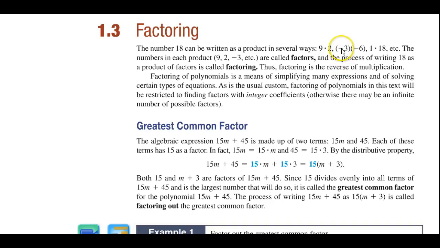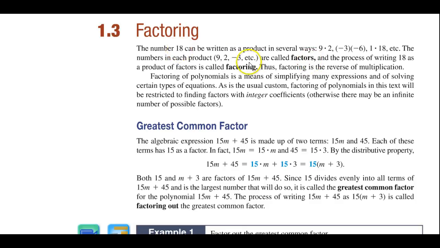We could have multiplied a -3 times a -6, or 1 times 18 to get the product 18. And these items that we use to multiply are referred to as the factors of 18.